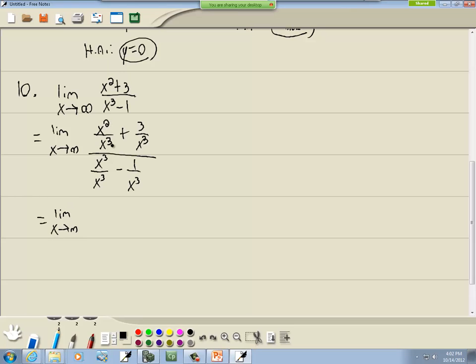Well, this x squared cancels with 2 of these. We've got 1 over x plus 3 over x to the third. x to the third over x to the third is 1, minus 1 over x to the third.